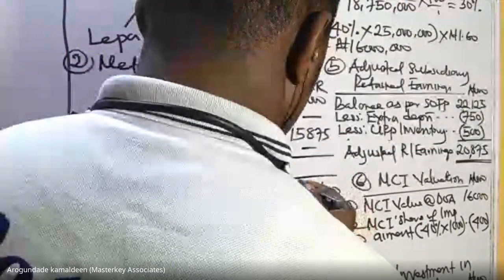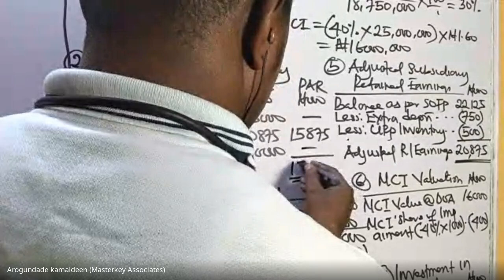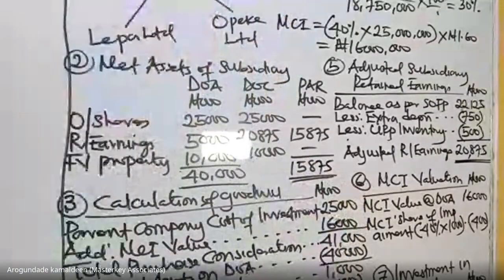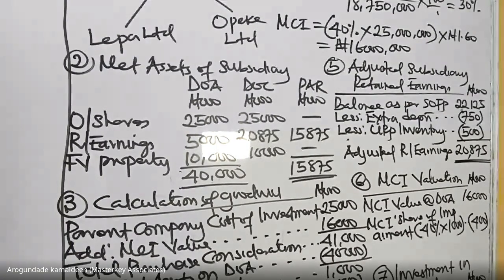So here we have 15,875 as our post-acquisition reserve. So that is what we are going to share.